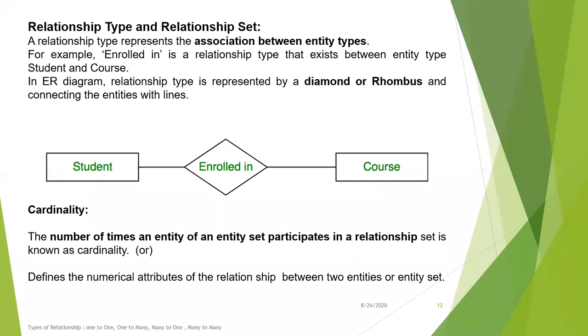That's why I have given another definition below: it defines the numerical attributes of the relationship between two entity sets. So we define the number of relationships numerically, and that's why we call it cardinality.